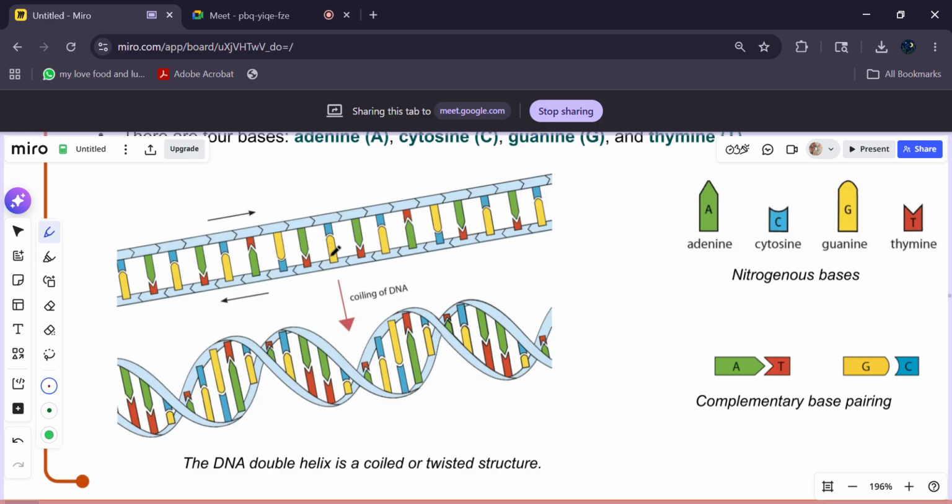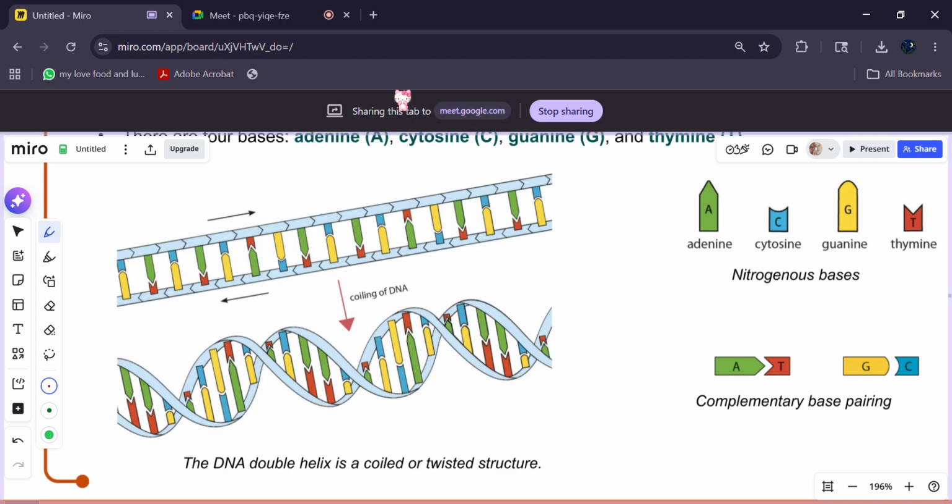An uncoiled DNA molecule can be represented by a simple model shown in this diagram. The molecule resembles a ladder, and the twist of the coiled DNA molecule represents a spiral staircase, or a double helix.